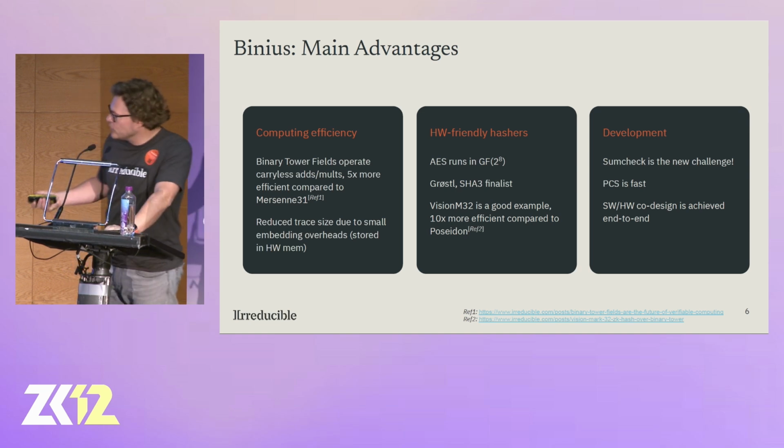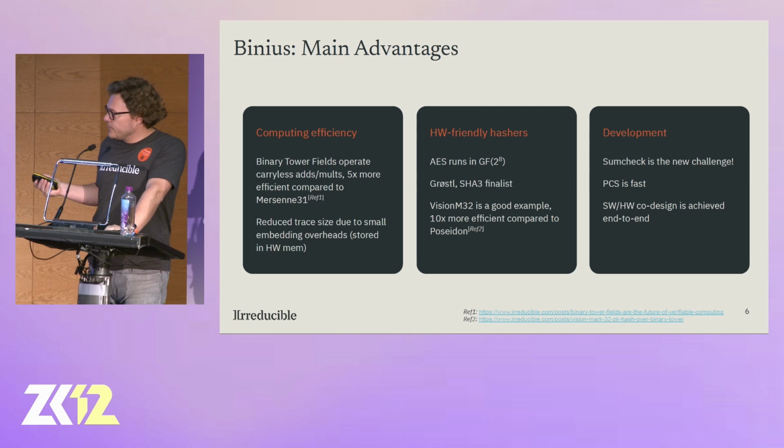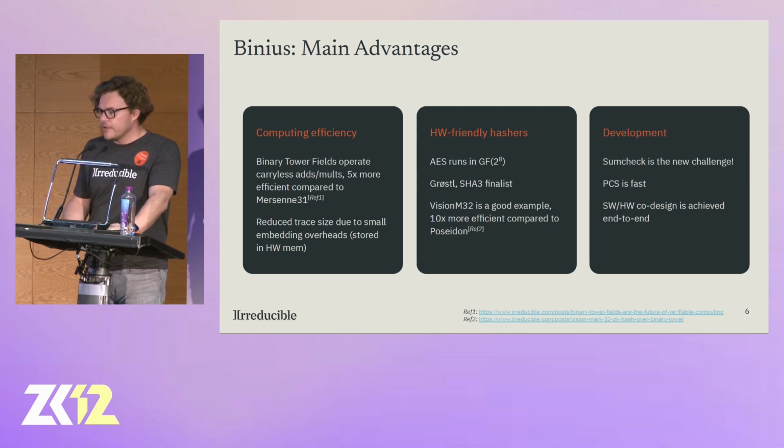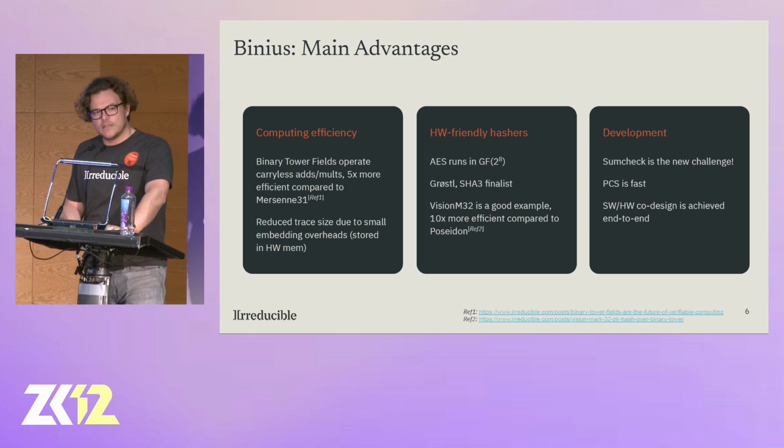So before we go into Keccak design, I will just tell a few advantages of Binius and binary tower fields. So first of all, binary tower fields operate carryless arithmetic, which is really hardware friendly, and there is a recent blog post also found on our website, which claims that binary tower fields, when it comes to hardware, are 5 times more efficient than Mersenne ones. And I also want to make it crystal clear, we are not comparing this on CPU, on GPU, on any sort of existing hardware.